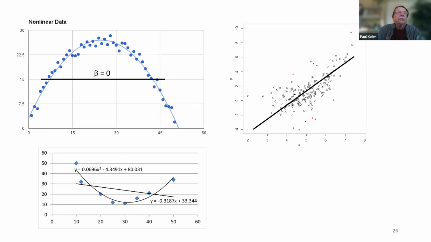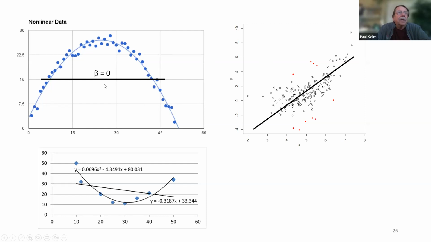So here's some examples of what might happen when we have nonlinear relationships. And so if we do a linear regression on the top left panel here, we can see that we would get a regression coefficient that's near 0.